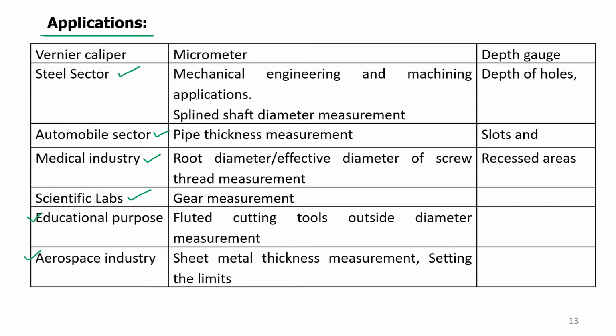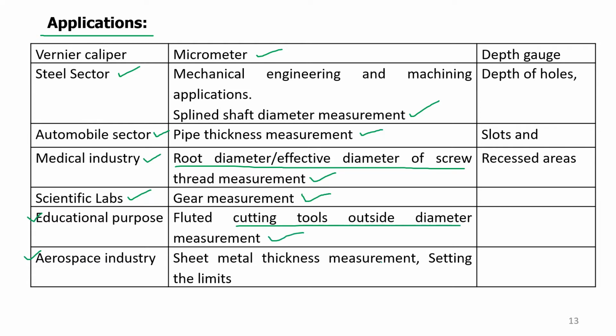And the micrometer is used for measuring spline shaft diameters, and pipe thickness can be measured using special micrometers. The root diameter or effective diameter of a screw thread can be measured, as well as gear outside diameters and the outside diameter of fluted cutting tools.